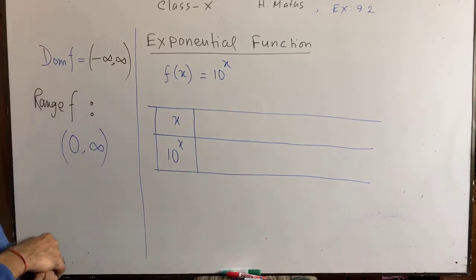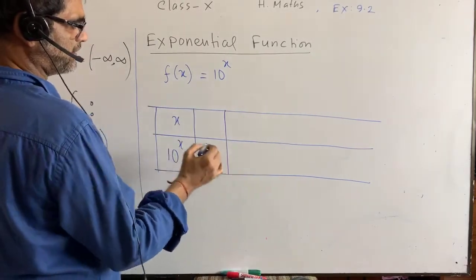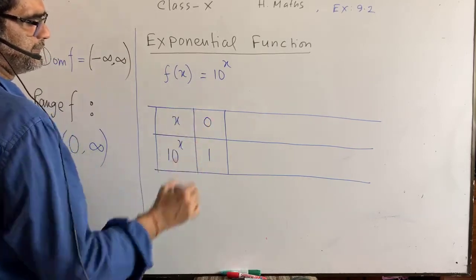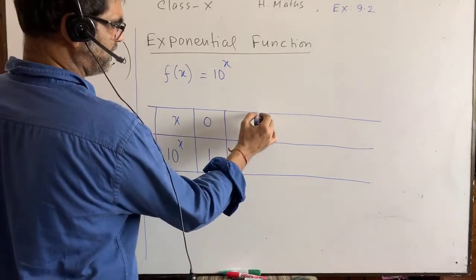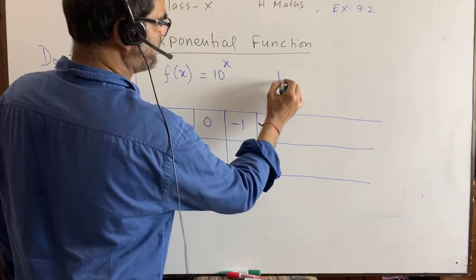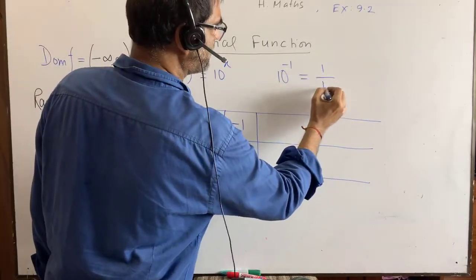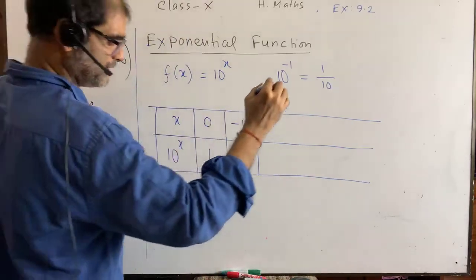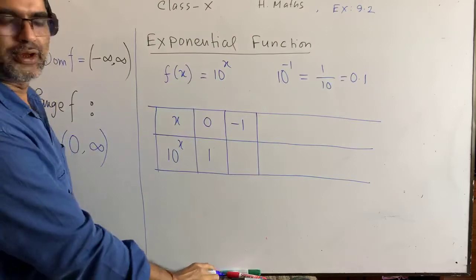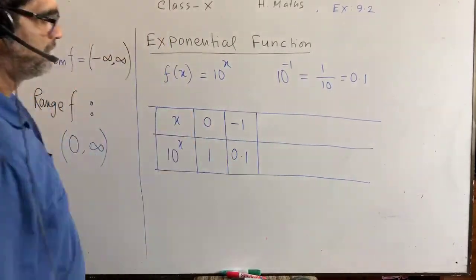Now let x be any real number, it may be 0. So 10 to the power 0 equals what? 1. Suppose it may be minus 1. Now 10 to the power minus 1 equals 1 by 10, which equals 0.1. So we are getting here 0.1.